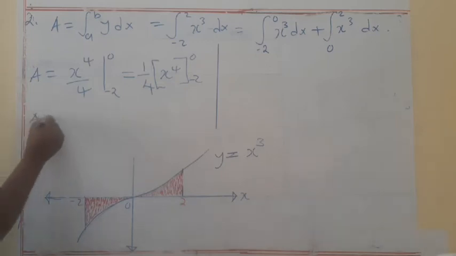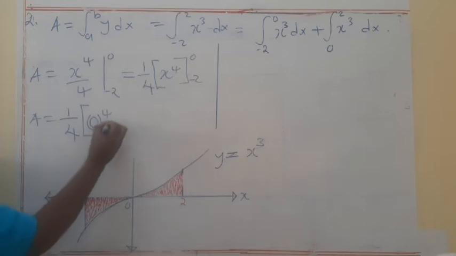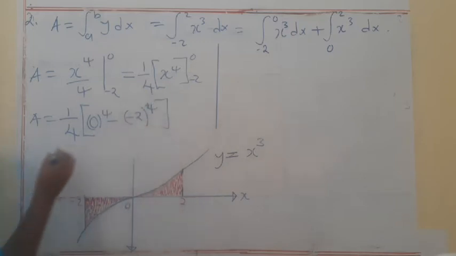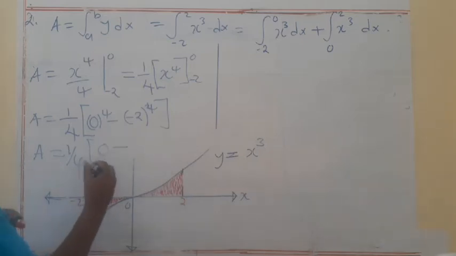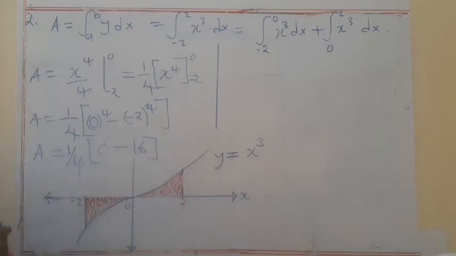Okay? So your area there shall be 1 over 4, 0 to the power 4 minus, I'm using now these limits, negative 2 to the power 4. Alright, so area shall be 1 over 4, open bracket, 0 minus 16. Okay? 0 minus 16.